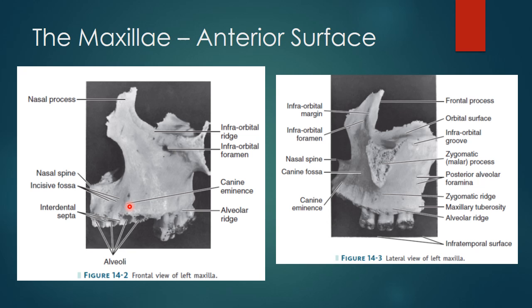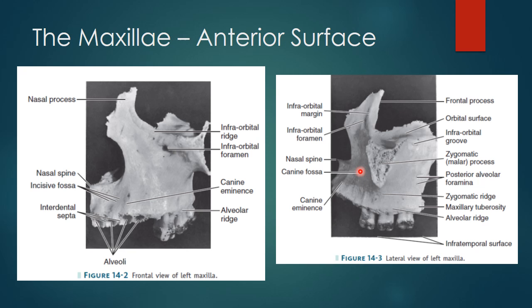It corresponds to the root of the canine tooth, hence the name. Anterior to the canine eminence is a shallow concavity overlying the roots of the incisor teeth, known as the incisive fossa. Posterior to the canine eminence, on a higher level, is a deeper concavity called the canine fossa, here and here.